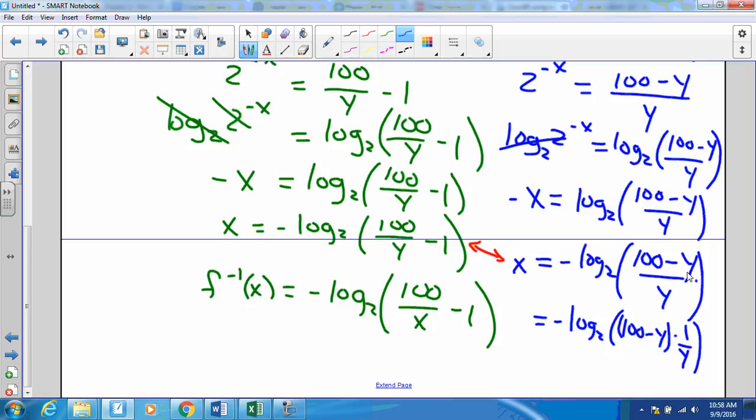Is that a property that we have? The distributive property of multiplication. Yes, it is. And so I can do exactly what you suggested, Tom. I can write this as 100 over y minus y over y, which is the same as 1. Hey, look, now they match. We reconcile our two answers.